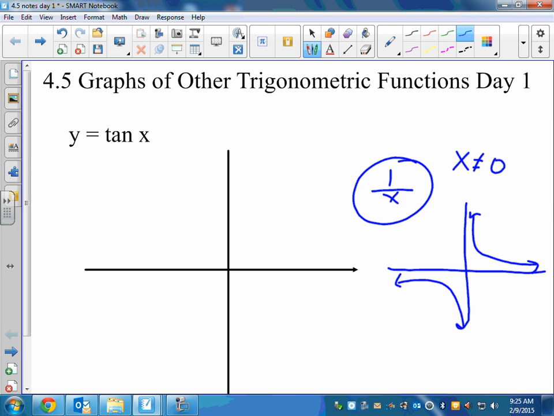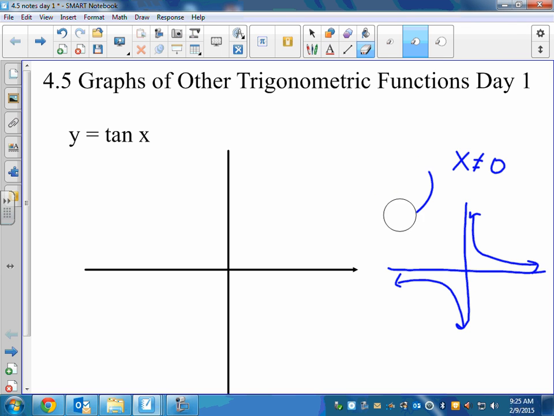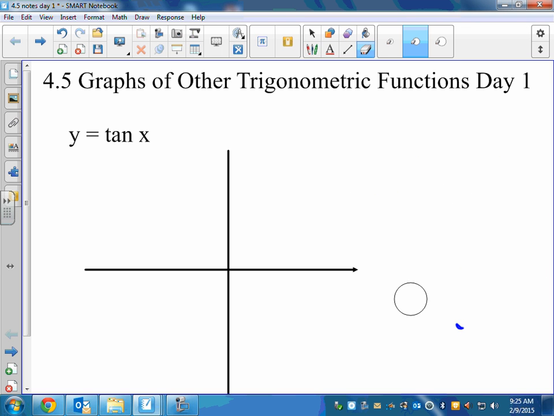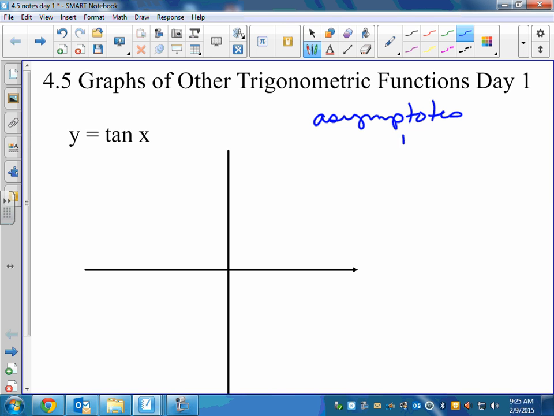So when we graph tangent and cotangent and secant and cosecant, they're not going to be as pretty as sine and cosine because they're going to have asymptotes. So let's think about that first. Asymptotes are going to be where tangent of x is undefined.